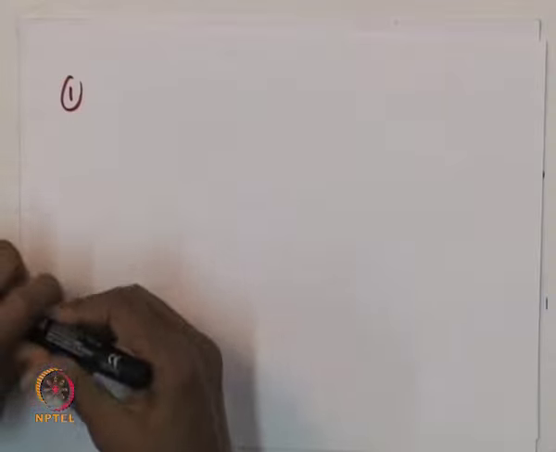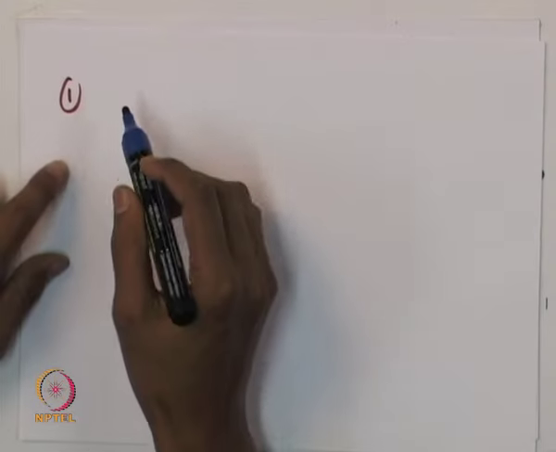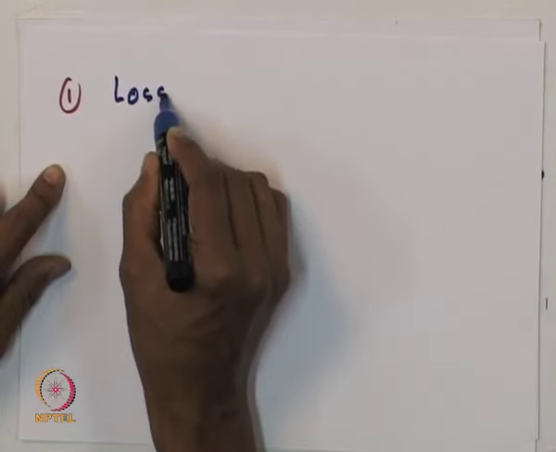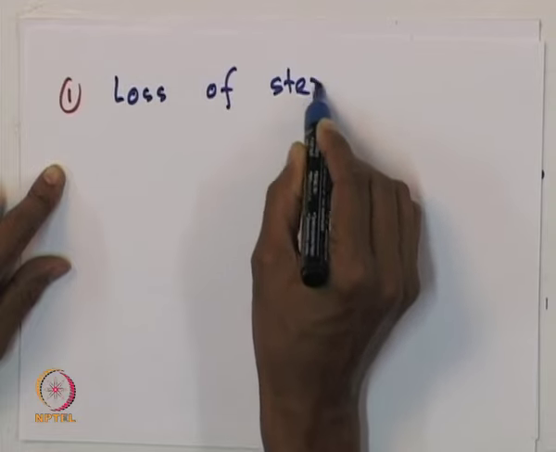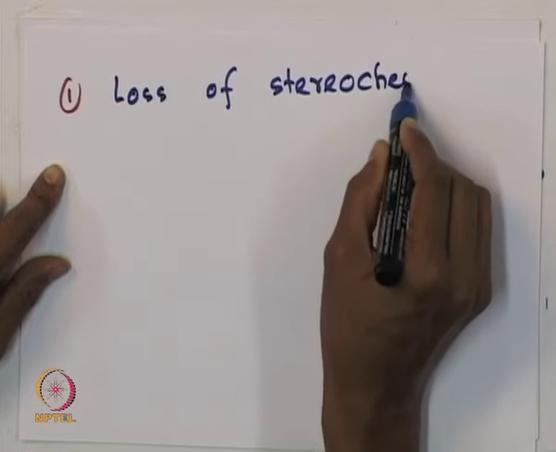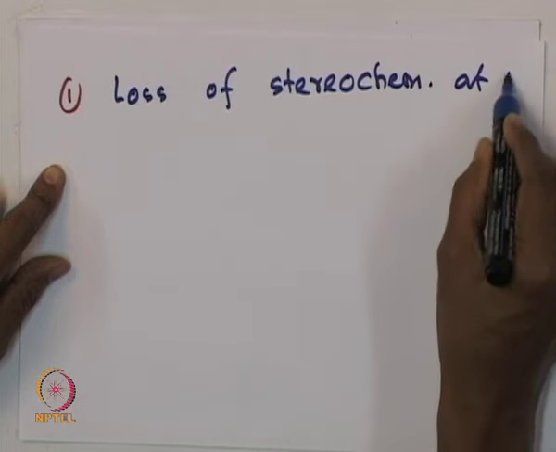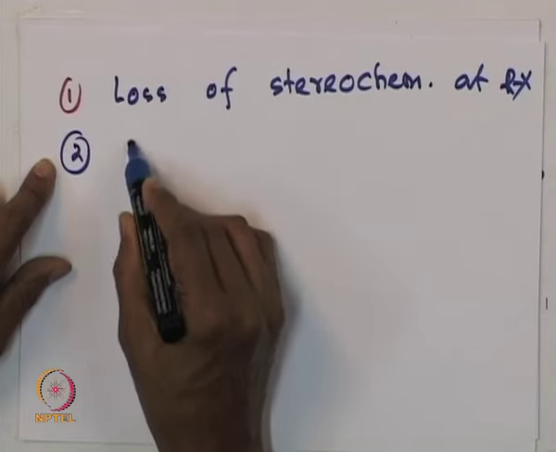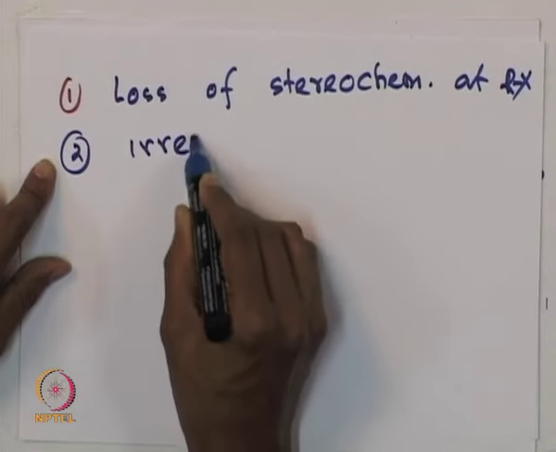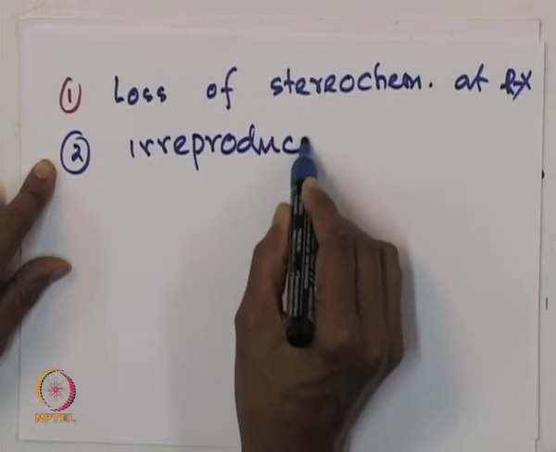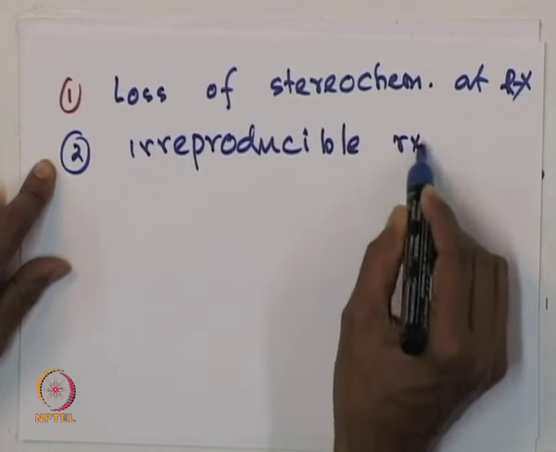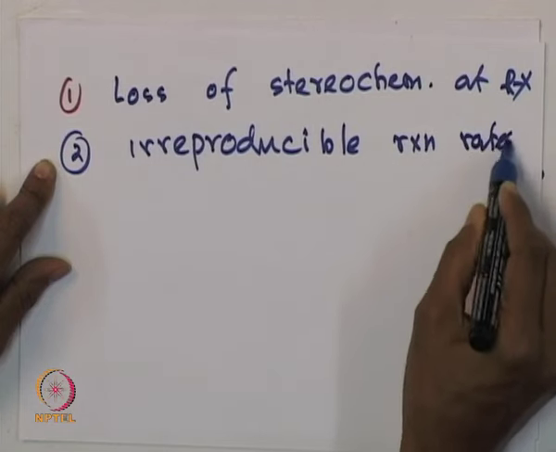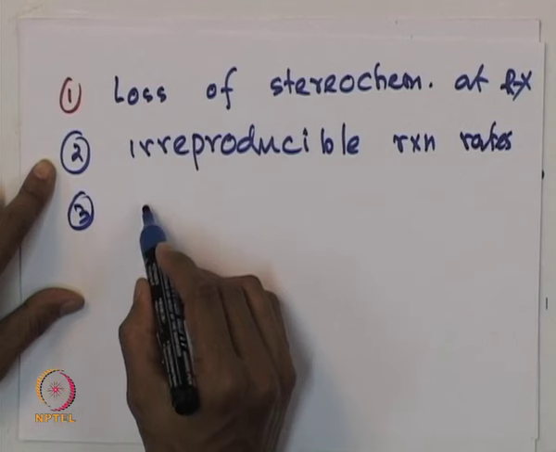Let me try to write down very briefly these characteristics. As we have discussed, the characteristics of a radical mechanism will be loss of stereochemistry at RX, if RX has stereochemistry, irreproducible reaction rates. Okay, the fluctuation will be there.